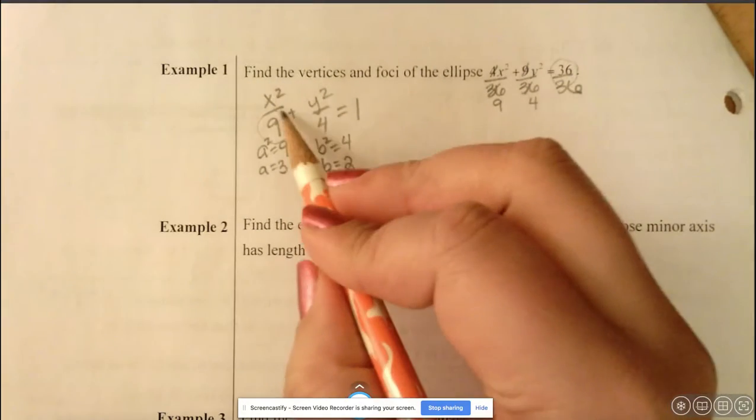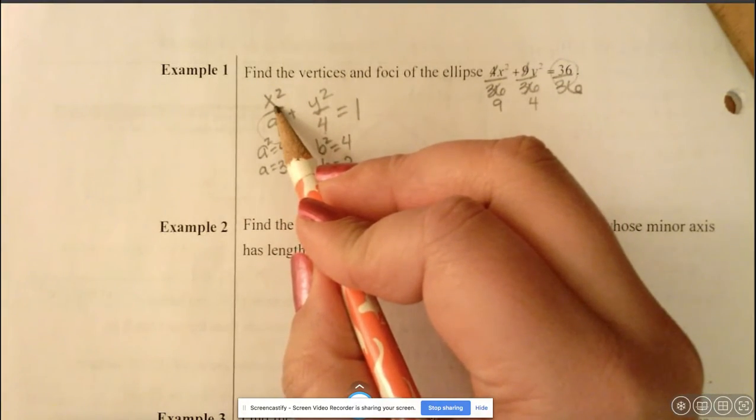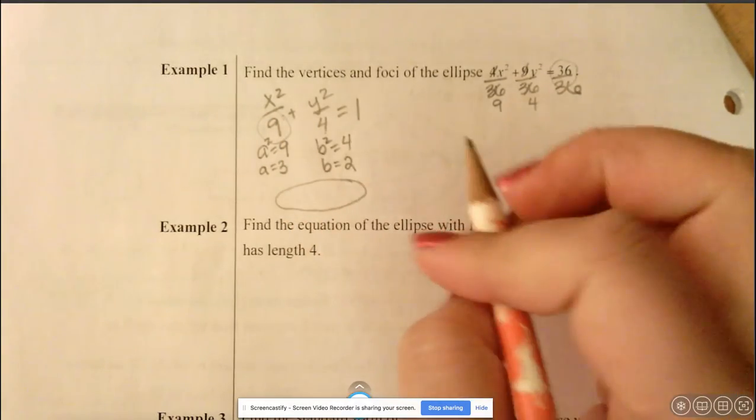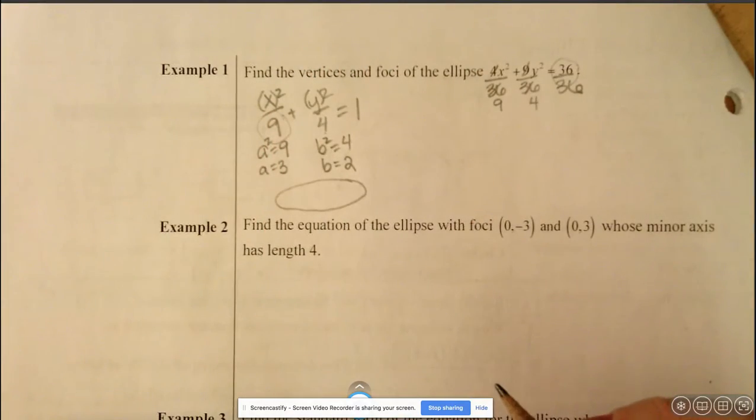Okay, so since our major axis is in the direction of x, I know this is a horizontal ellipse. Okay, nothing has been added or subtracted to x or y. So just like with the parabola, I can find my center by looking at what has been added or subtracted to the x before it was squared, and the y before it was squared.